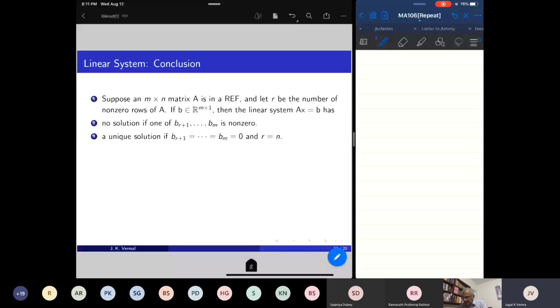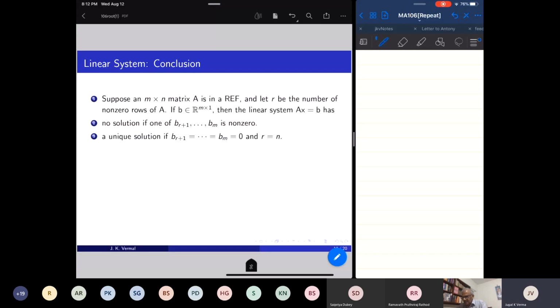We will get a unique solution if the consistency condition is satisfied and the number of non-zero rows is exactly n, that is, r equal to n. If there are n pivots and n variables, then all the pivotal variables are automatically determined.